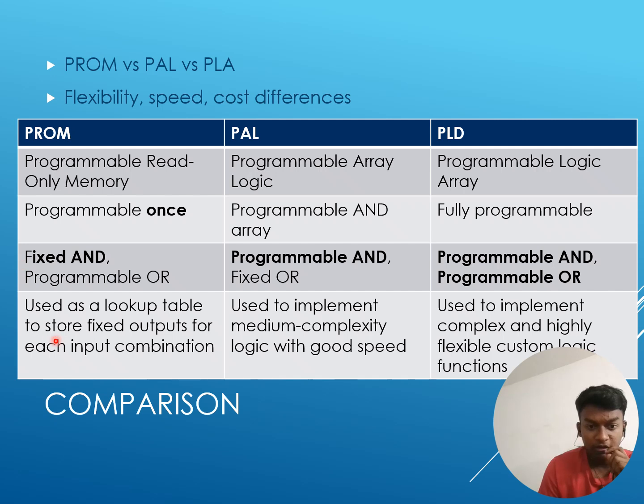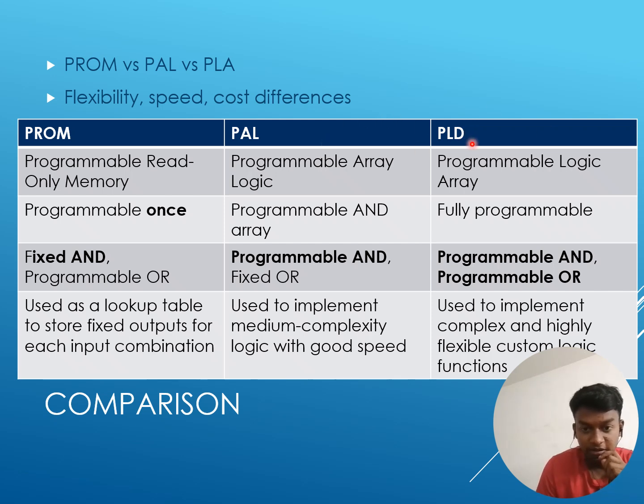PROM is used as a lookup table to store fixed outputs for each input combination. PAL is used to implement medium complexity logic with good speed, and PLA is used to implement complex and highly flexible custom logic functions. This is the comparison among these three types of programmable logic devices.